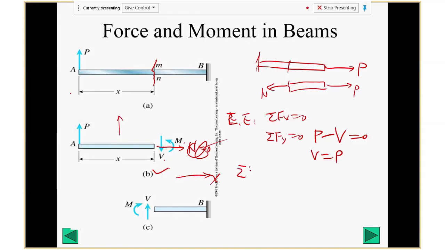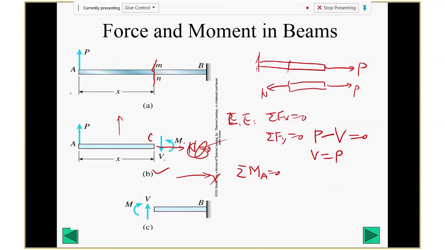Okay, now what about the other one? Moment, M. Sigma M, the moment about somewhere, needs to be 0, right? Anywhere, actually. So pick one spot. Point A, we call this one B, and this one C. Okay, let's say sigma M about A equals 0.